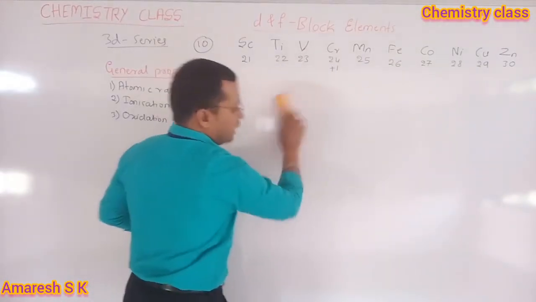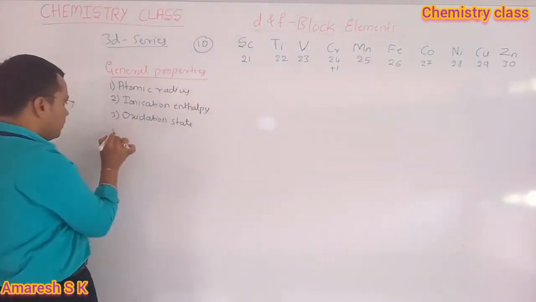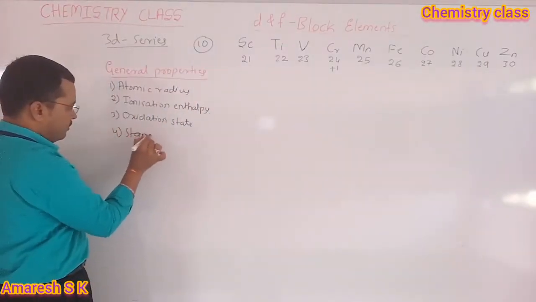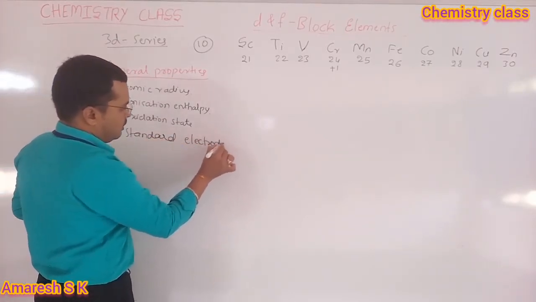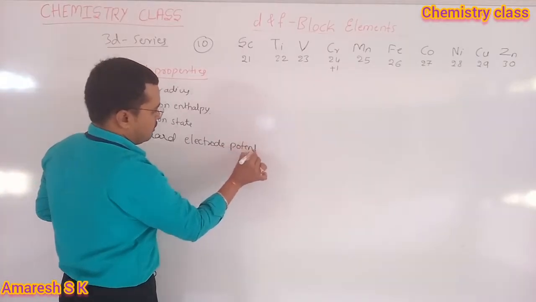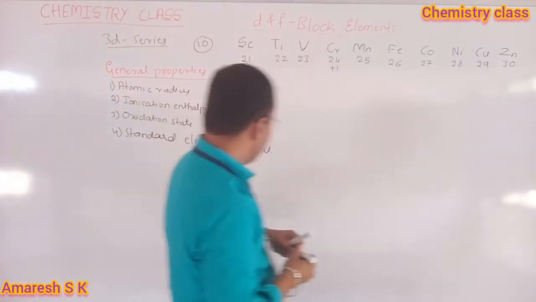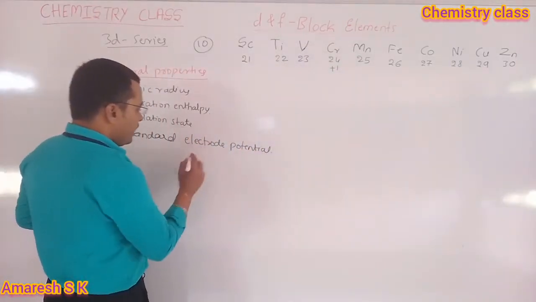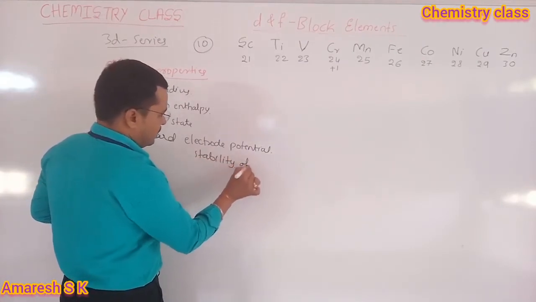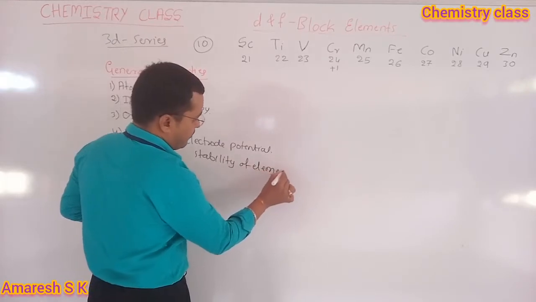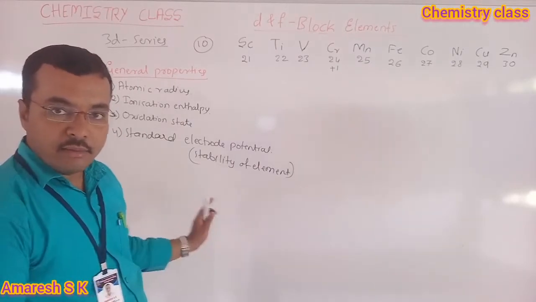The next general property, the fourth one, is standard electrode potential. This standard electrode potential mainly depends upon the stability of the element.